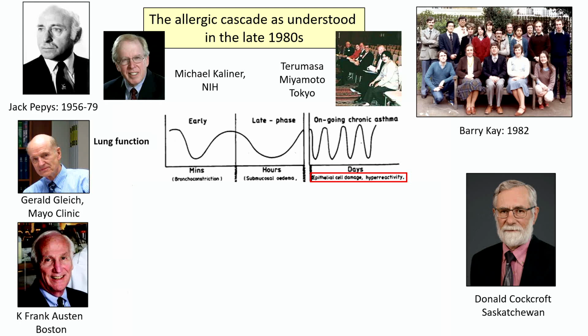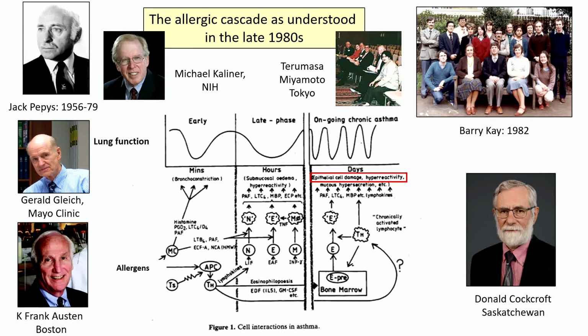Shown here is also Barry Kay, one of my good friends and colleagues who died fairly recently in London. He was at the Brompton Hospital, and he followed Jack Pepys into that chair looking at bronchial asthma. And again, you can see K. Frank Austin. So back in the 1980s, when I started to come in on the scene, this was what it was beginning to look like.